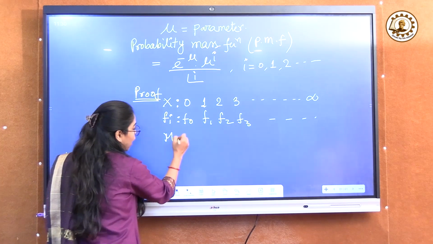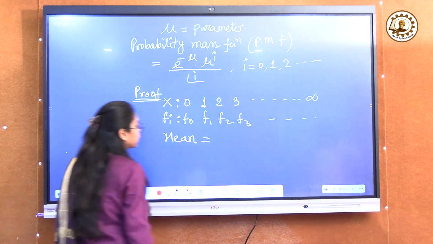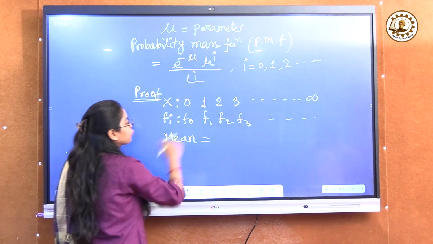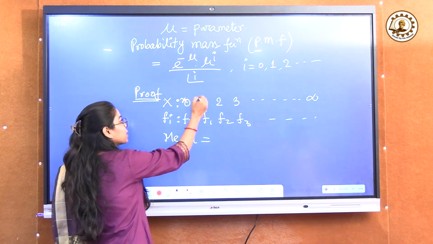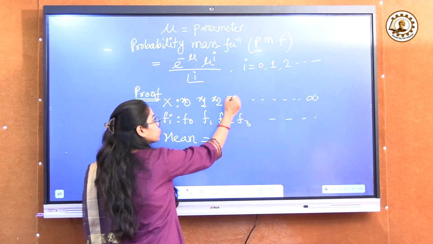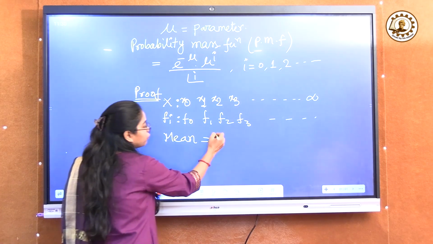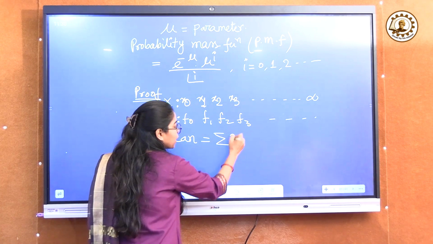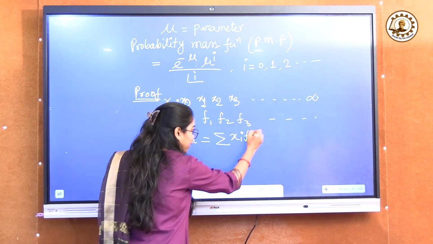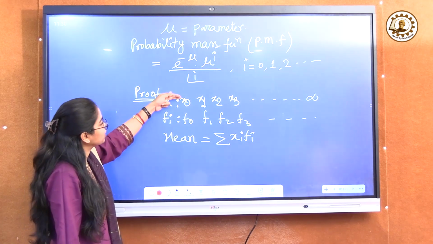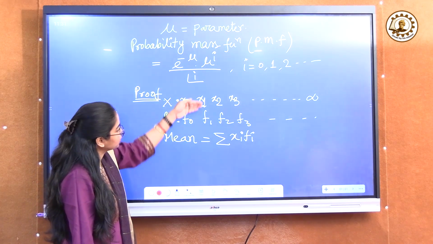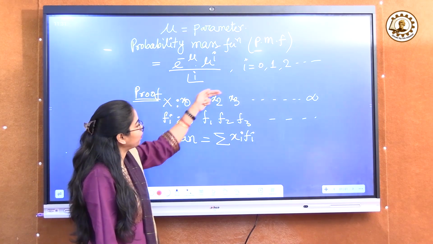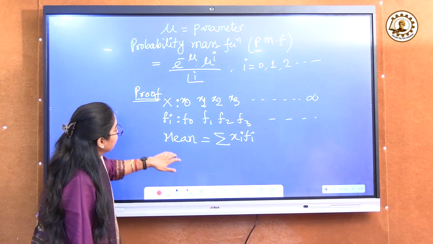Now, the formula of mean in a discrete distribution: if the spectrums are x0, x1, x2, x3, then the formula of mean will be summation xi fi. That is, we multiply our spectrum with our PMF: x0 f0 plus x1 f1 plus x2 f2 plus x3 f3, in this way.